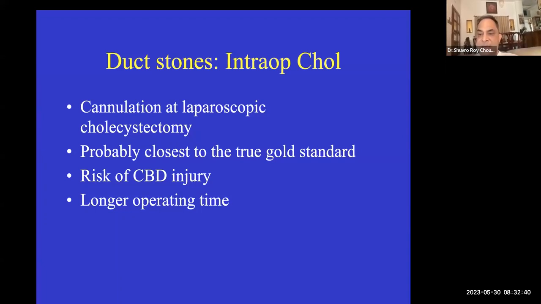Various experts will tell you at least 30, 40, 50%, I will go up to 80, 90%. So in 10, 15% of cases, you're not even seeing the whole bile duct. So then how is it the gold standard? EUS is the gold standard when the whole bile duct is seen. I think that should be the term.